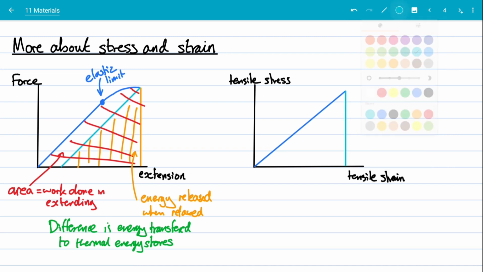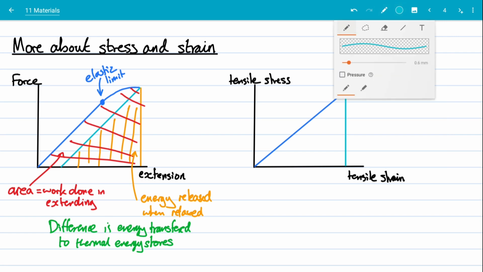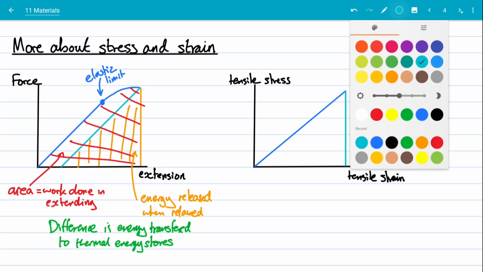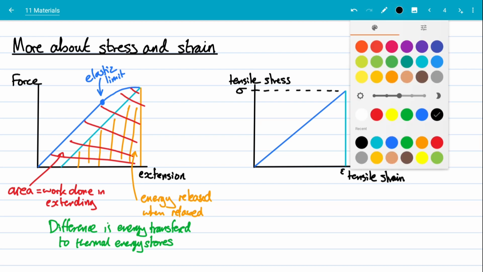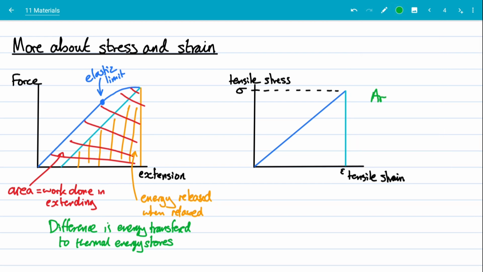But let's say we've got some value of stress that we have here and some value of strain that we have there, just like that, then the area is going to be equal to the half, because it's a triangle, multiplied by that stress, multiplied by that strain.